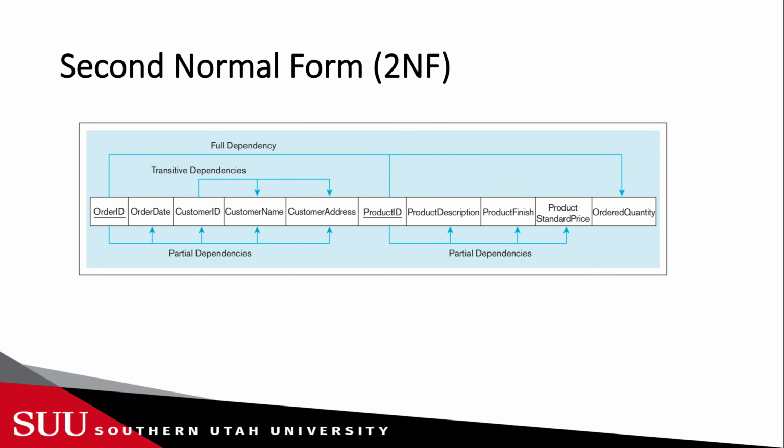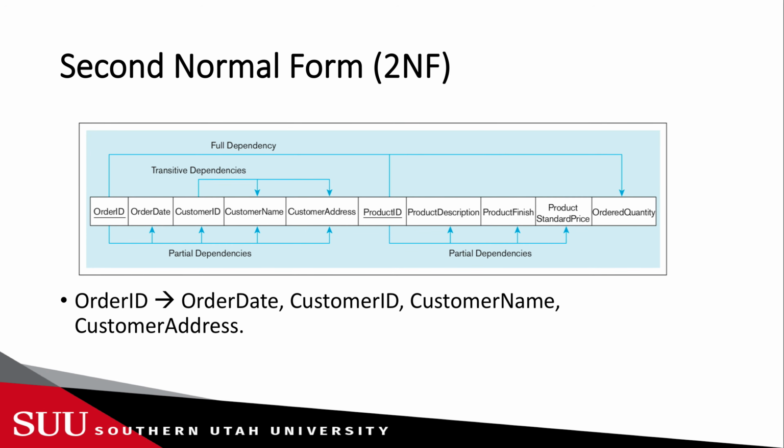And then we will have another partial dependency on product, which is product description, finish, and standard price, all relying on product alone. We also have some other dependencies, which are transitive dependencies that we'll talk about later on. But we also have a full dependency, which is good. So we have a full dependency, which is order ID, product ID, and quantity ordered.